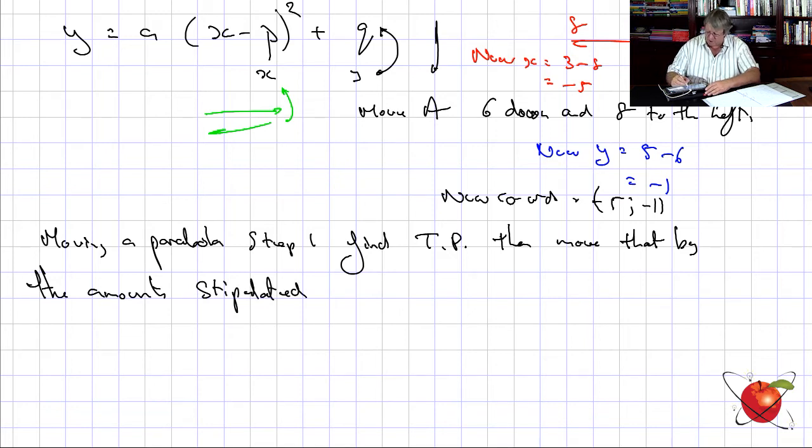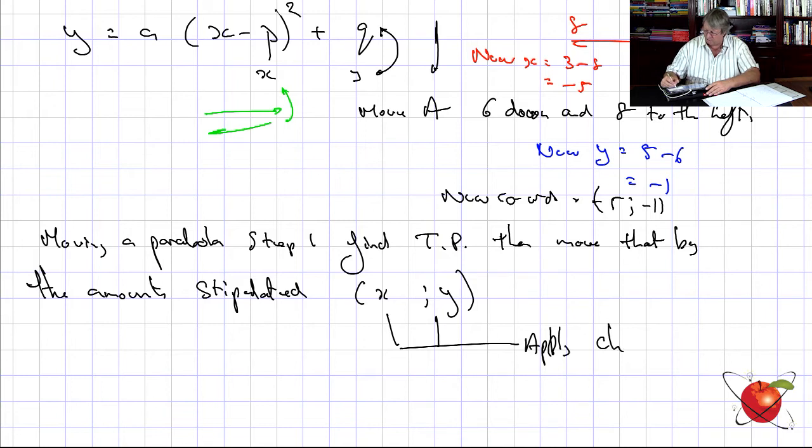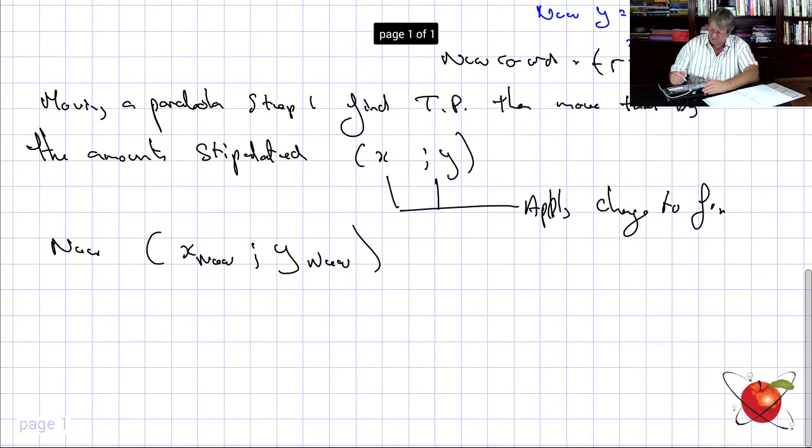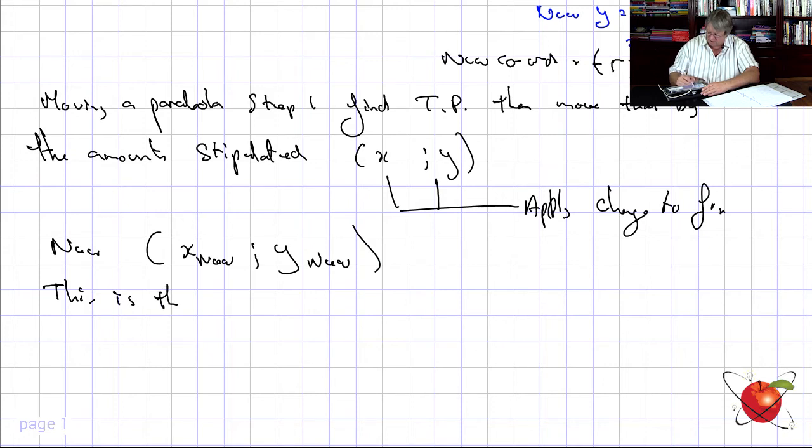In other words, you take the x and the y and you apply the change to find x new and y new. So we're just moving one point. This is the new coordinates of the turning point, isn't it?